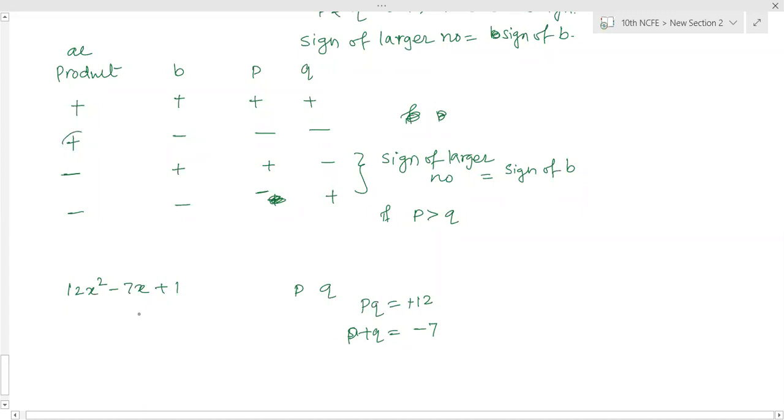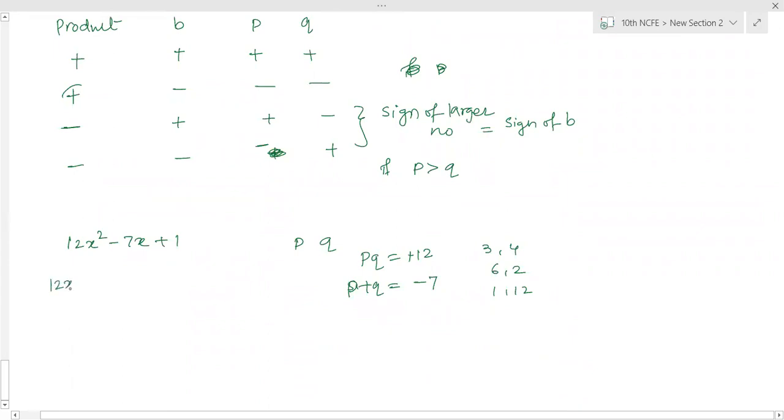What are the two numbers whose product is 12? 3 and 4, 6 and 2, 1 and 12. These three are the possibilities. Now whose sum is 7? Check: only 3 and 4. The sum is 7. Now the sign of b is negative, so both the terms should have negative sign.